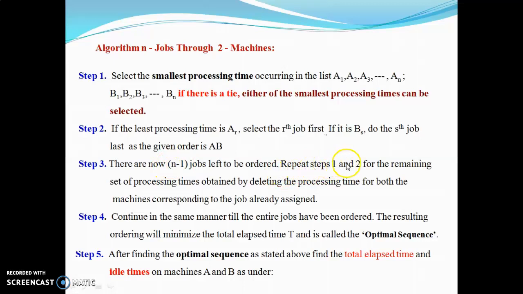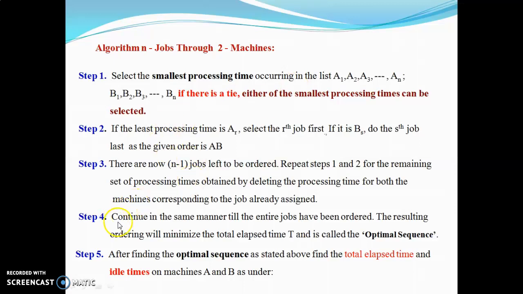Repeat steps 1 and 2 for the remaining set of processing times obtained by deleting the processing times for both machines corresponding to the job already assigned. It means in step 3, remove the assigned job from the processing time table.